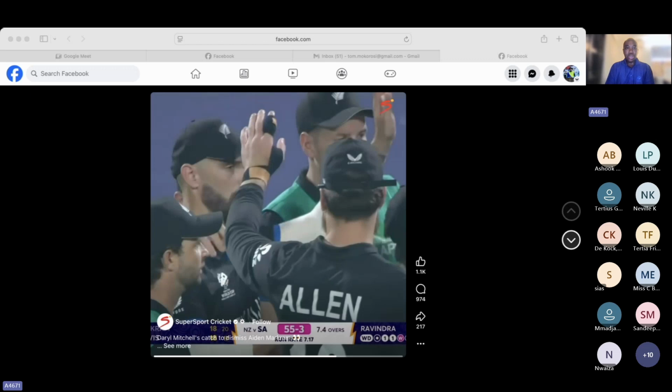Okay, so the ball has to land within that 20.12 meters or the 22 yards from the one set of stumps to the other set of stumps off the pitch, it will be a no ball. But if it lands behind the striker's set of stumps off the pitch, it is not a no ball, it will be a wide. I hope that answers your question, Neville.